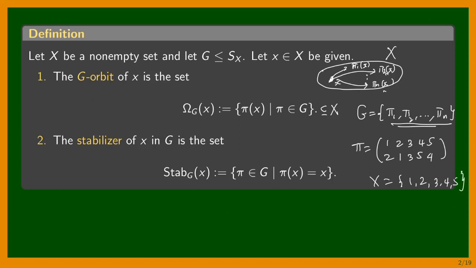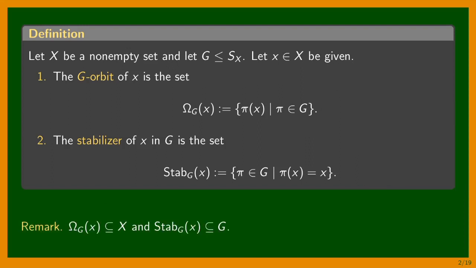Yung permutation pi na ito, ini-stabilize niya ang 3. No, 3 goes to 3 and it moves everything else. Kaya yung pi na yan ay nandun sa stabilizer nung element na 3. Hinahanap mo kung sino-sino yung mga permutation that fix 3 in its place, or in this case that fix x in its place.